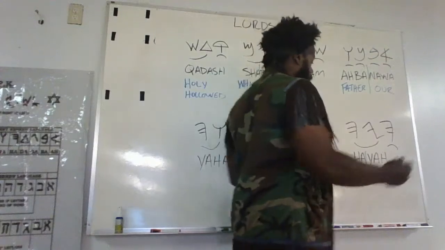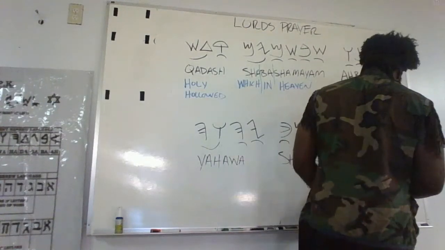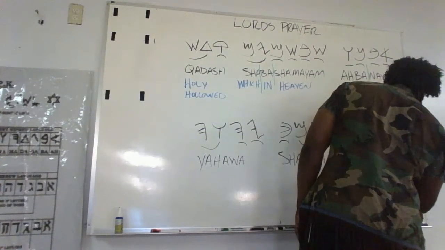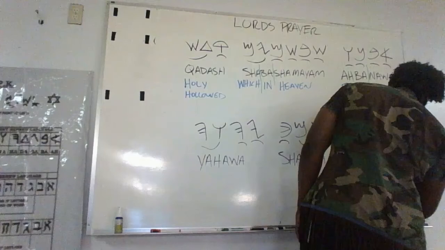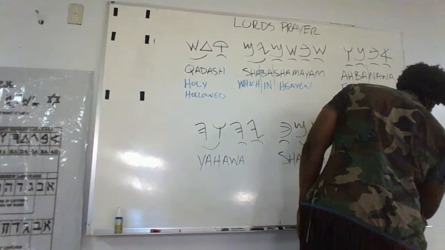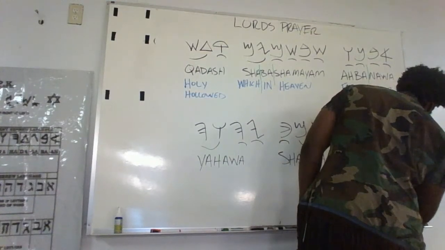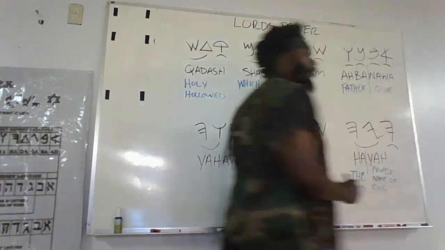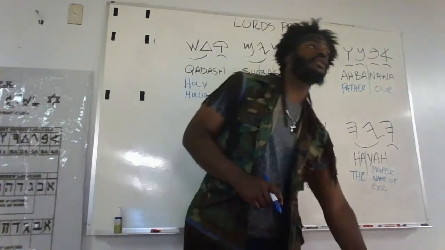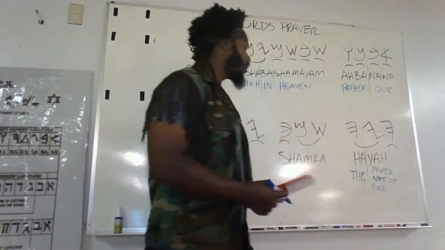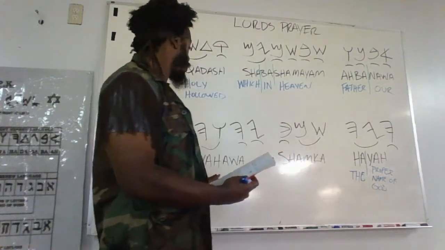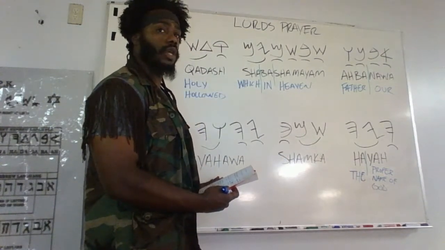This is the proper name of God. Don't be around here talking about Jah, Yah. Give reverence to the Heavenly Father. This is speaking in third person about Yahweh, the Most High.